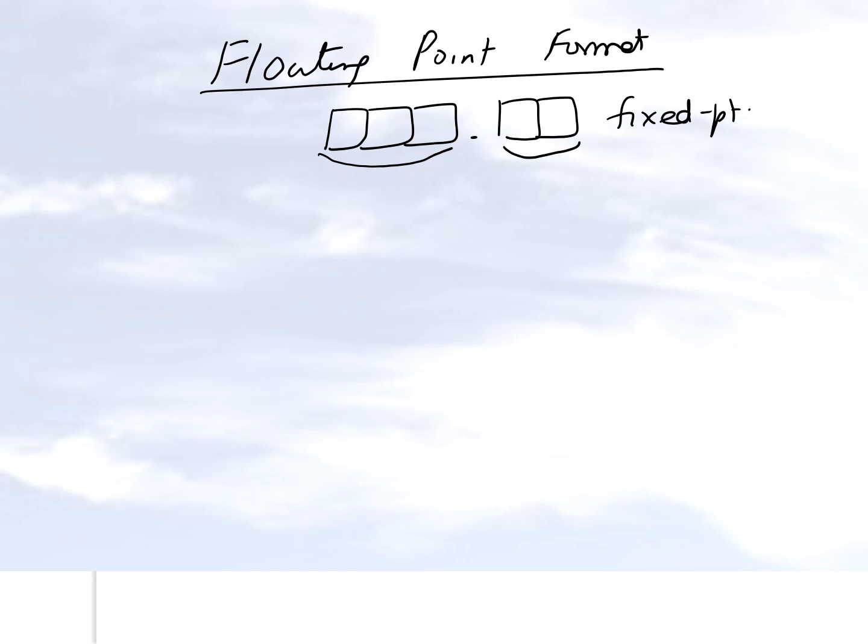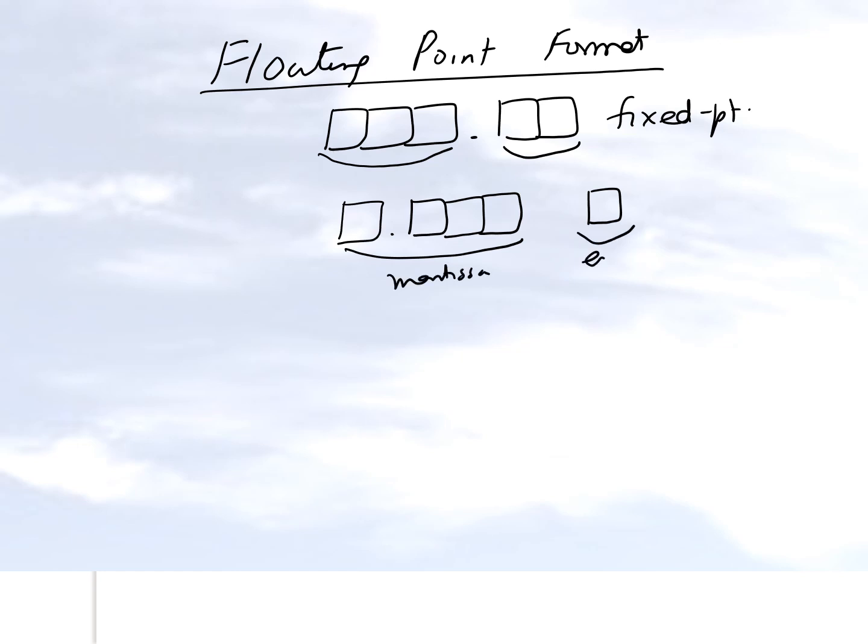In order to be fair, we're still going to keep the number of places at 5. So for scientific format, we'll use 4 places for the mantissa and 1 place for the exponent. This will be our mantissa and this will be our exponent.